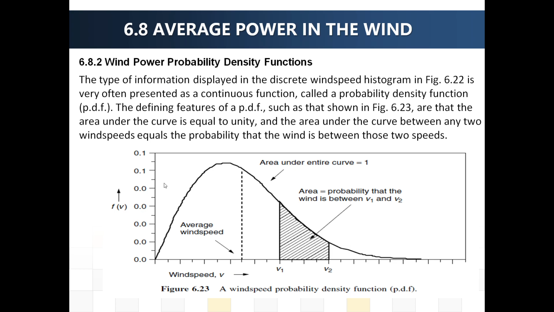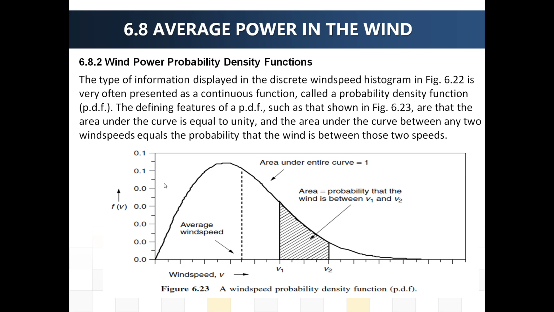Section 6.8.2, wind power probability density functions. The type of information displayed in the discrete wind speed histogram in figure 6.22 is very often presented as a continuous function called a probability density function. The defining feature of a probability density function is shown in figure 6.23.